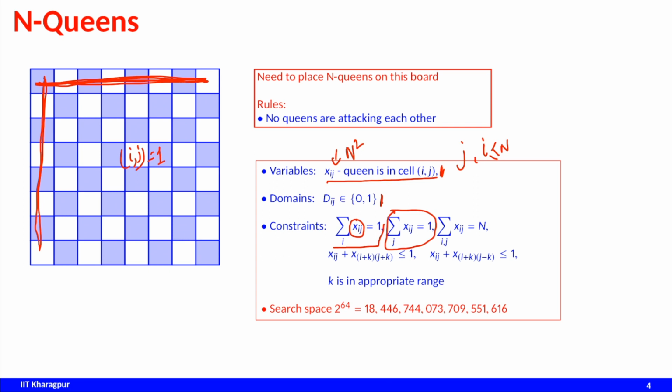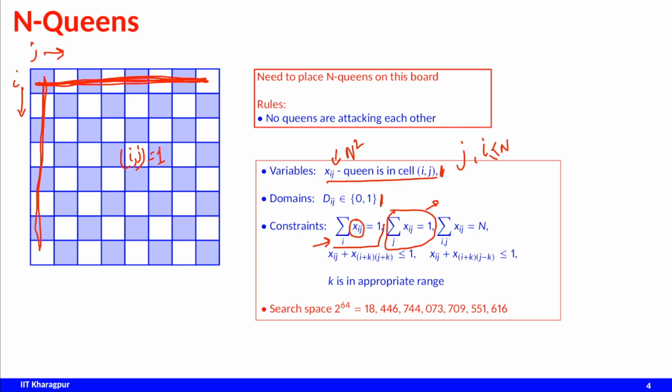So the only thing you have to be careful about is which index is referring to what. If you refer i along this, then the first constraint that you have seen basically represents the column sum, and if j is on this side, then this will be the sum along the row.